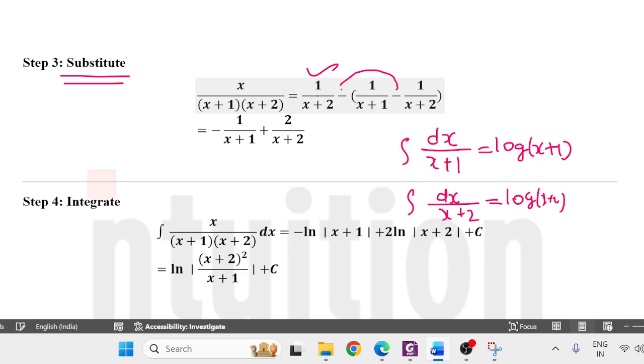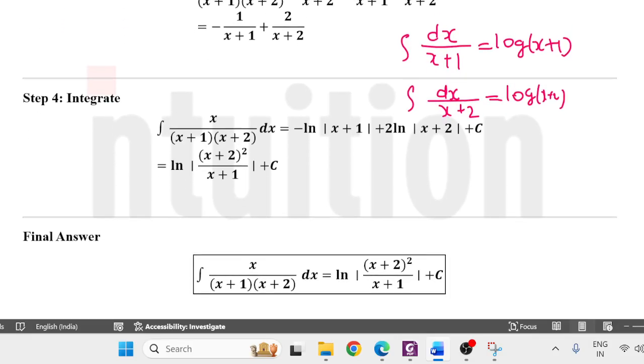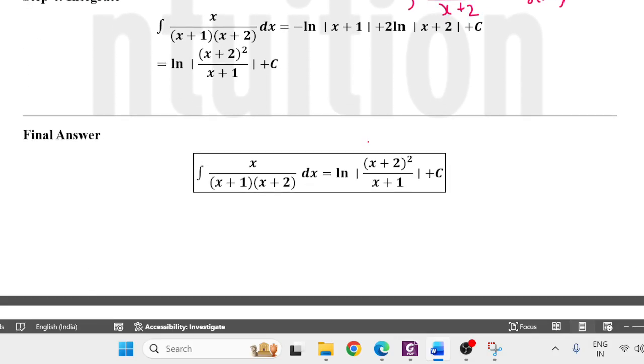So we can just split it. Here it comes, integration, minus log of x plus 1 and 2 times log of x plus 2. But you need to simplify it.